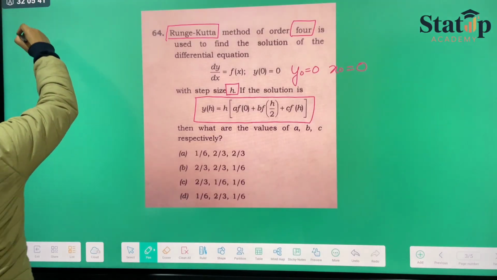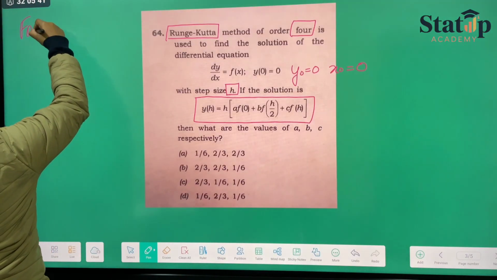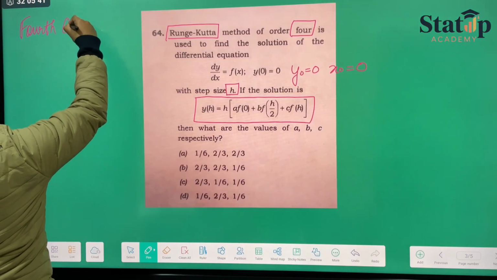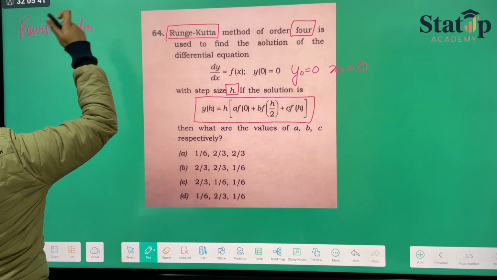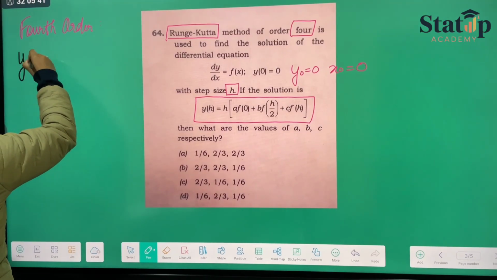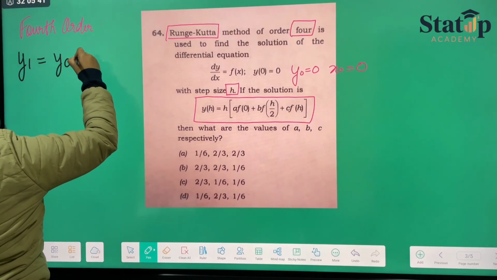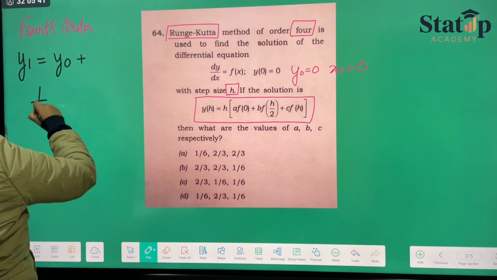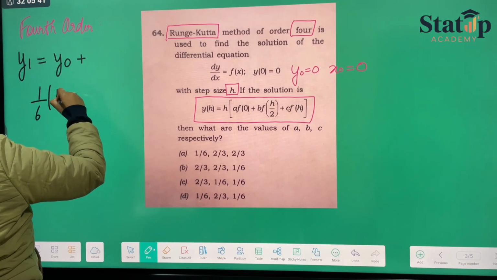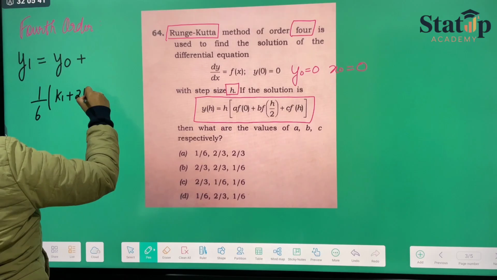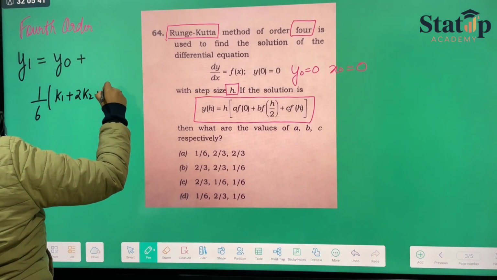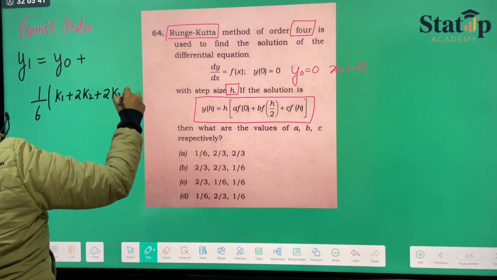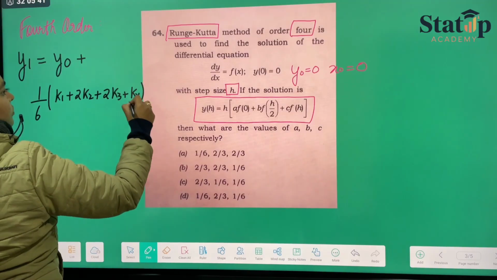If I mention it for fourth order, we know that our formula was y1 = y0 + 1/6 (k1 + 2k2 + 2k3 + k4).